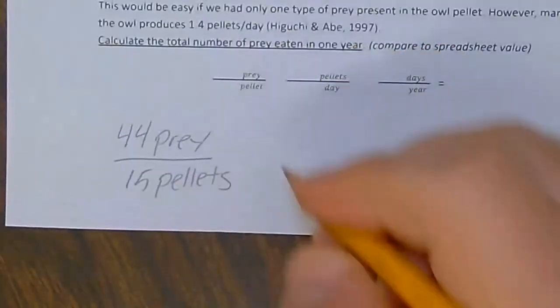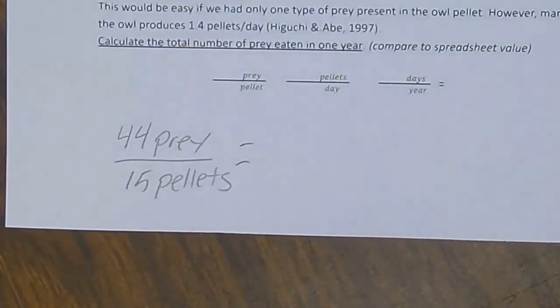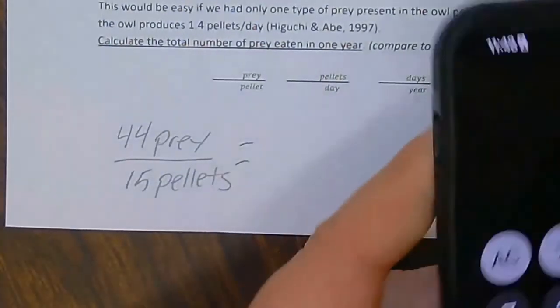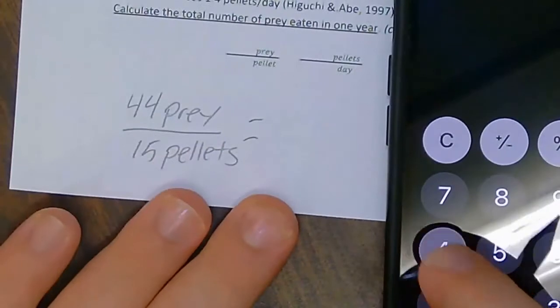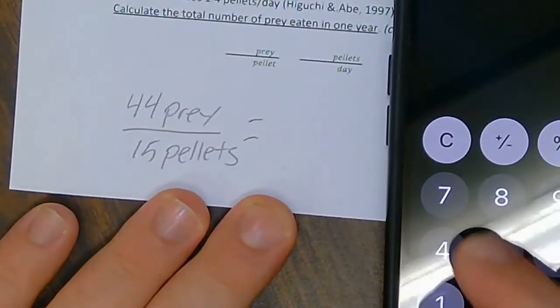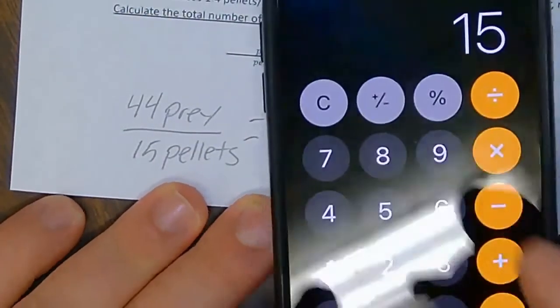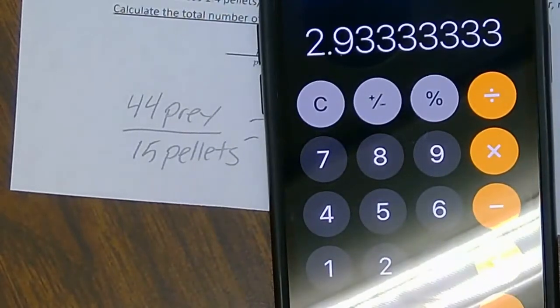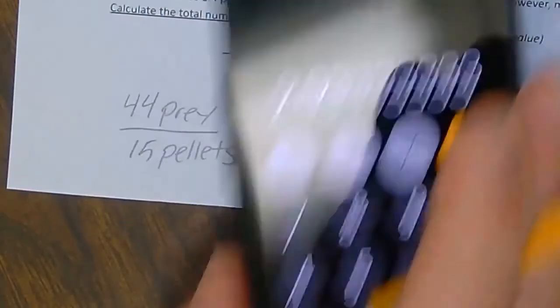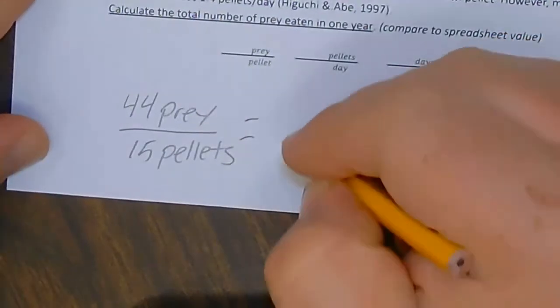And I would take that first and just calculate that out. So let's look here. 44 divided by 15 equals 2.933333.